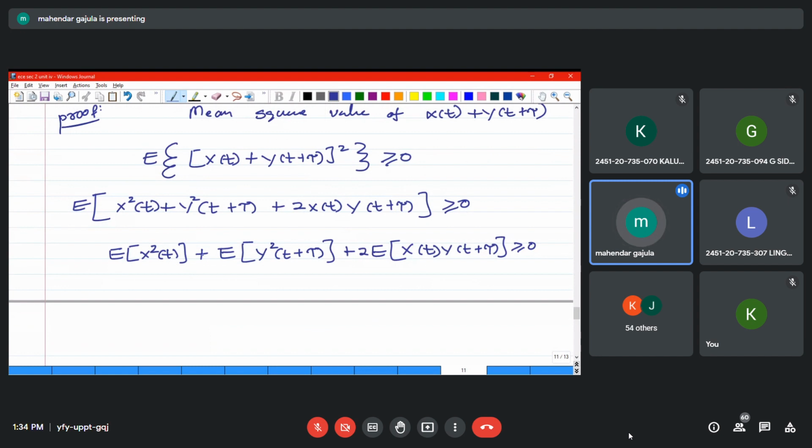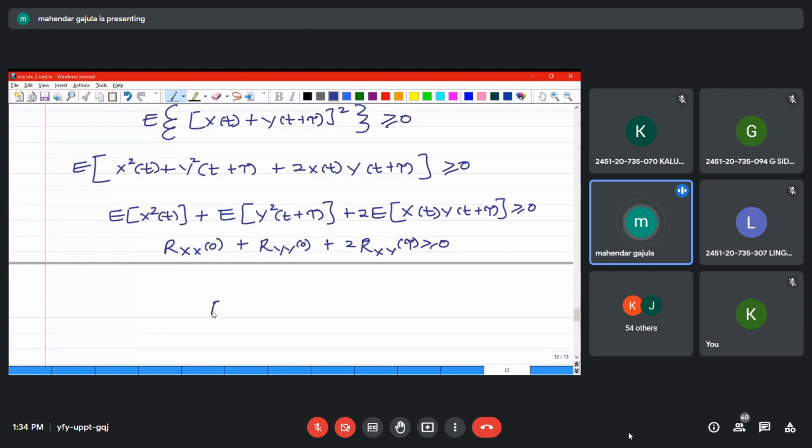So first one is r_xx(0). Expectation of x square is r_xx(0). Second one, expectation of y square t plus tau is r_yy(0). And the third one, expectation of x(t) and y(t plus tau), is the cross correlation, right? r_xy(tau) greater than or equal to 0. So r_xx(0) plus r_yy(0) is greater than or equal to minus 2 times r_xy(tau).